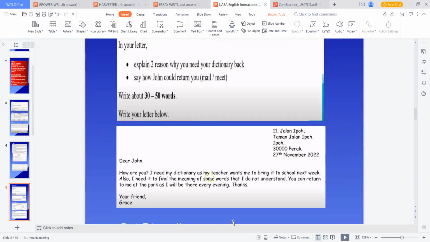This is the sample given. This is called an informal letter. This is the address and the date, the salutation, the content, and also the sign off. All right, so this one is an informal letter.